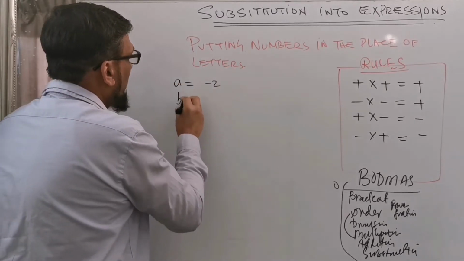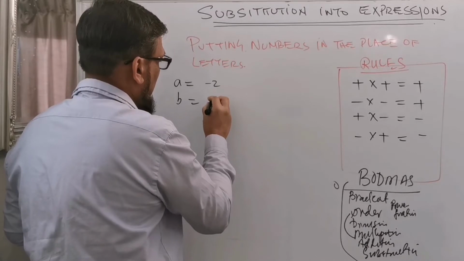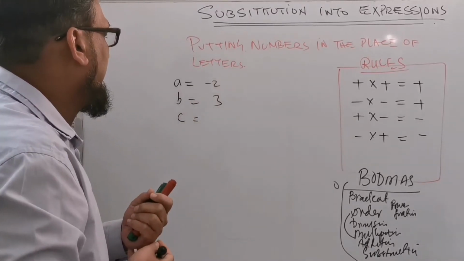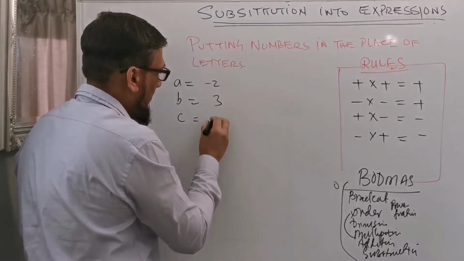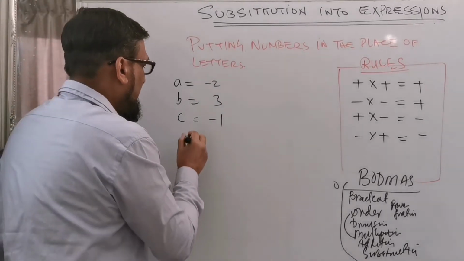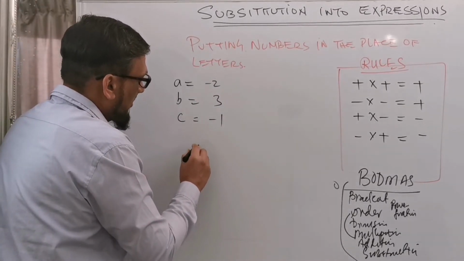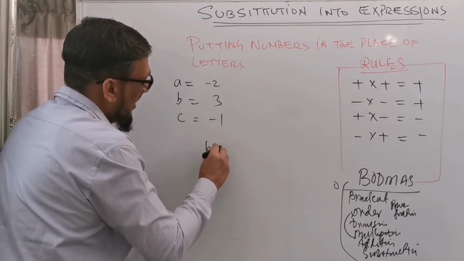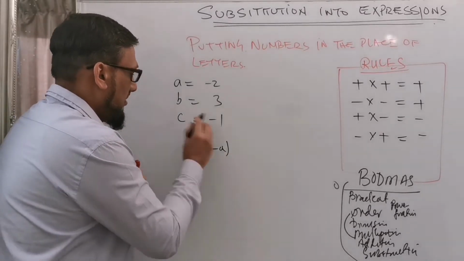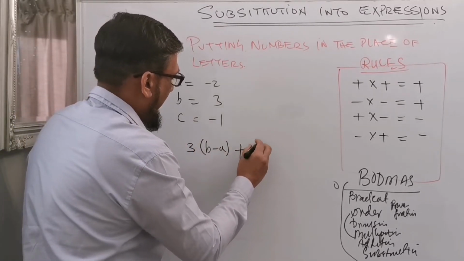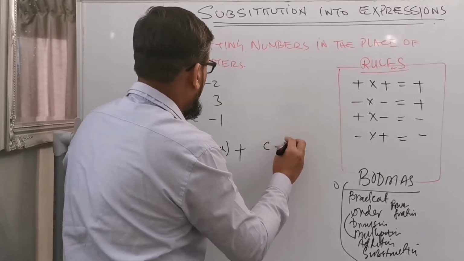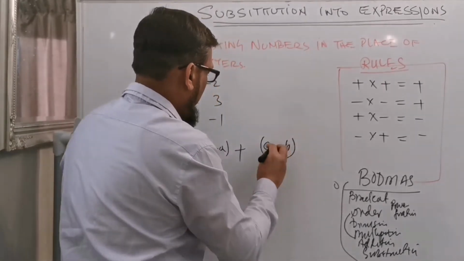The value of b is given as 3, and the value of c is given here as minus 1. And the question says b minus a, c minus b.